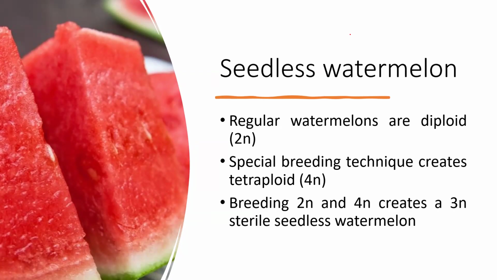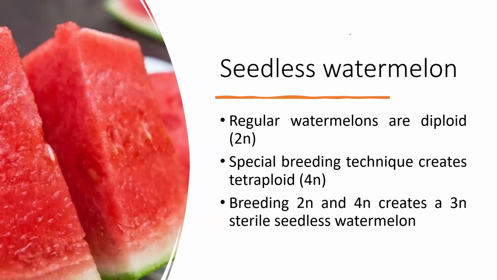There is a special breeding technique that forces the watermelon to become 4N, 4 sets of chromosomes. Then they take the 4N watermelon and breed it with the 2N watermelon, and in the end, it creates a 3N watermelon.